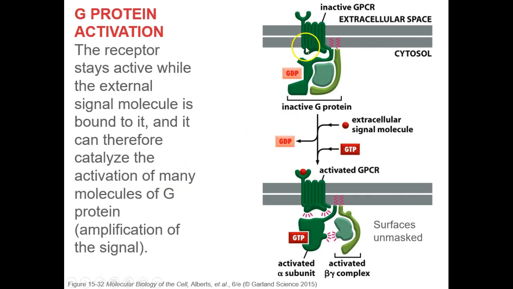This is shown in this cartoony figure right here. When the extracellular ligand binds to the receptor, it causes a conformational change that activates the G protein. The G protein is shown here associating with the receptor. They probably should have made it a different color, because it looks like the same protein, which it's not.